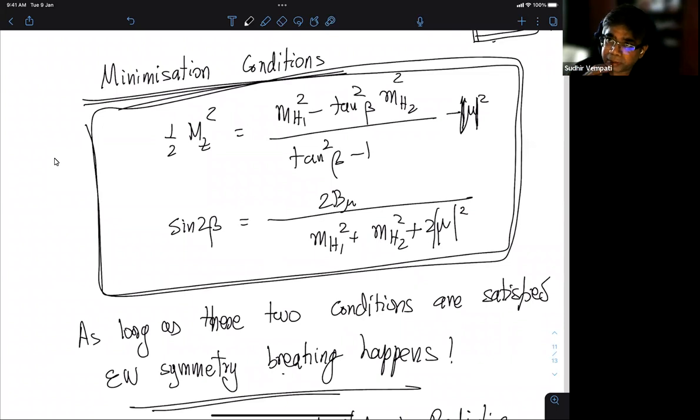This conflict happens in every sector of the spectrum, wherever there is a contribution coming from the electroweak sector, essentially electroweak symmetry breaking. If you have some contribution proportional to the Z mass or W mass and so on, you'll see that you cannot just set all the SUSY parameters very, very high.